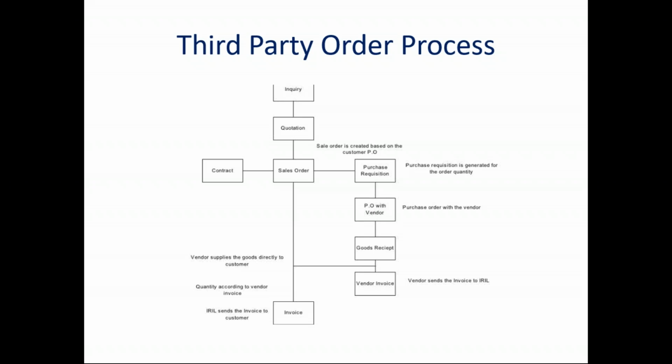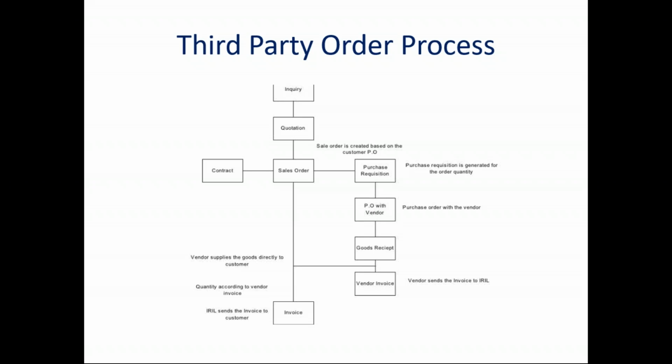But when it comes to third party order processing, what happens? The material is a normal material, but due to some other conditions, whenever there is an exception, we do not have the stock at that moment.